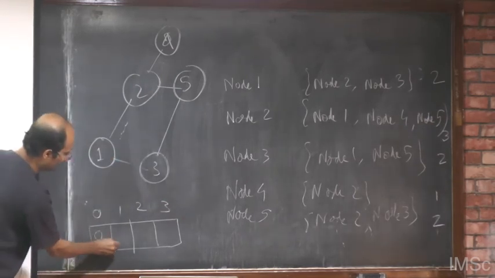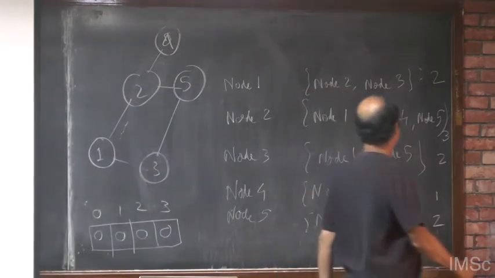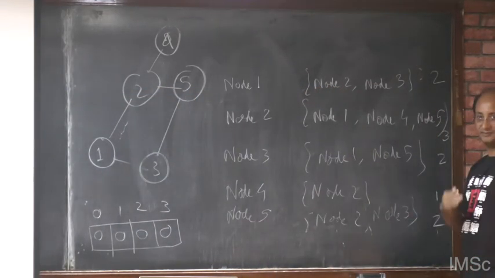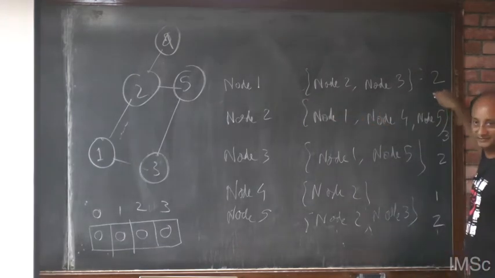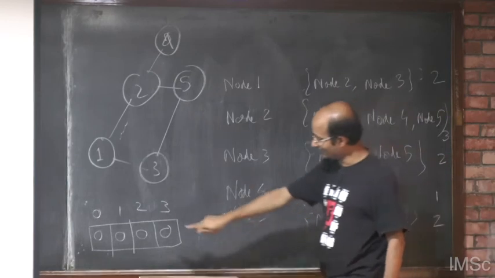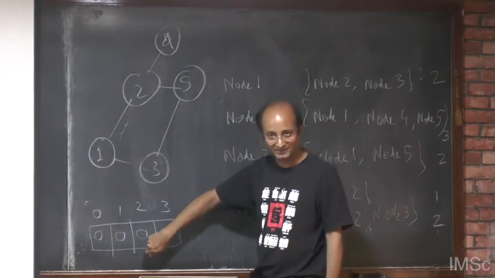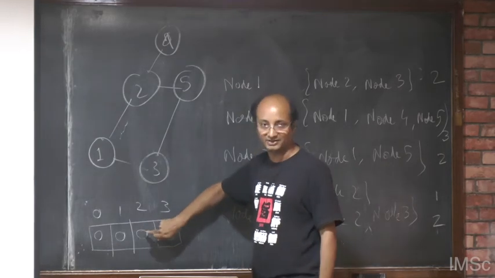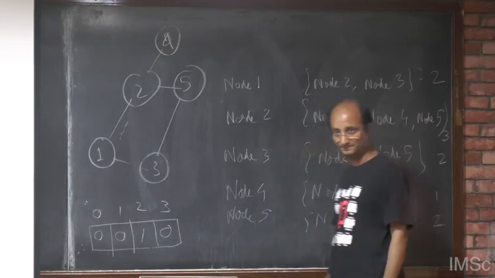Initially, I initialize this array with value 0. Then I run a loop where I come to the first node and ask what is the degree. It is 2. So I go to the entry corresponding to degree 2 of this array, and I increment this entry by 1, so this becomes 1.